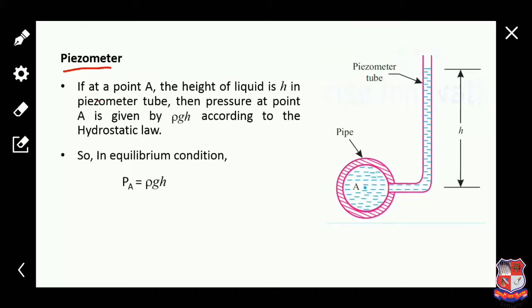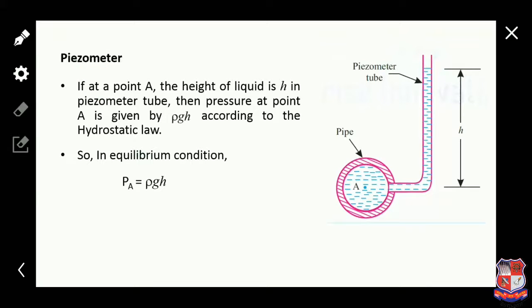In this piezometer, only a single L-shaped glass tube is used, and one end of the glass tube is connected to the pipe where the pressure is to be measured, and the other end of the tube is open, as shown in figure.